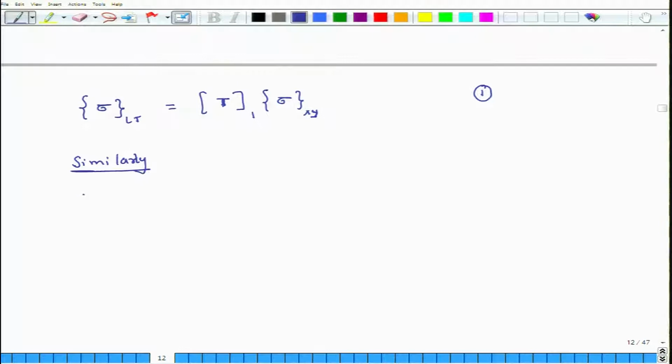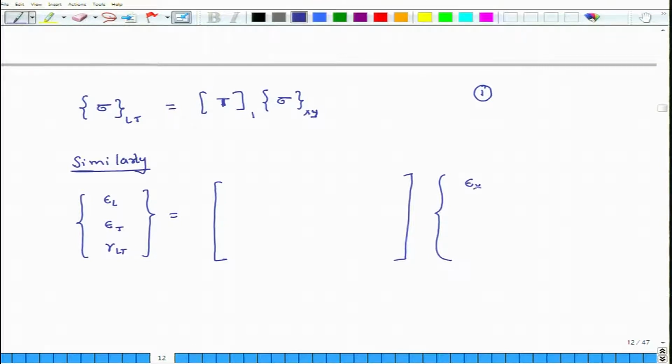So, if I have strains epsilon L, epsilon T and gamma LT, then these strains can be expressed in terms of a transformation matrix times epsilon x, epsilon y and gamma xy. Okay.